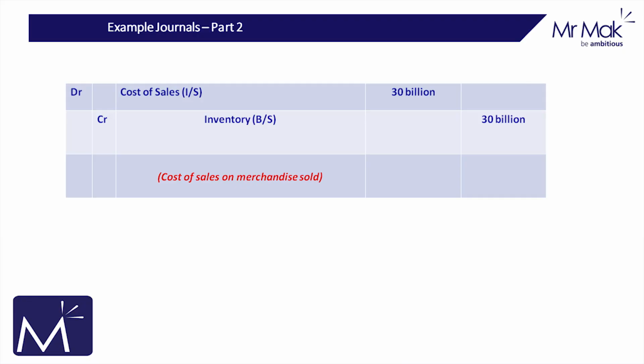The next journal would be debit cost of sales in the income statement of $30 billion, and they would credit inventory in the balance sheet of $30 billion.